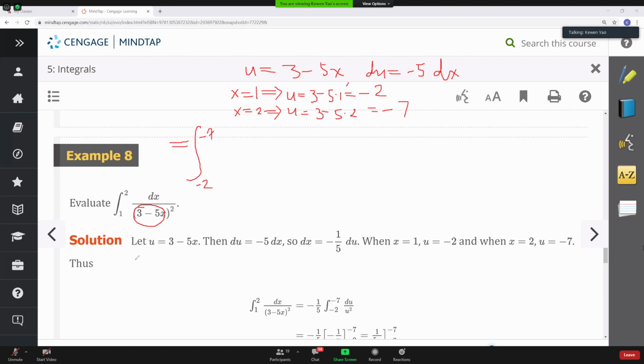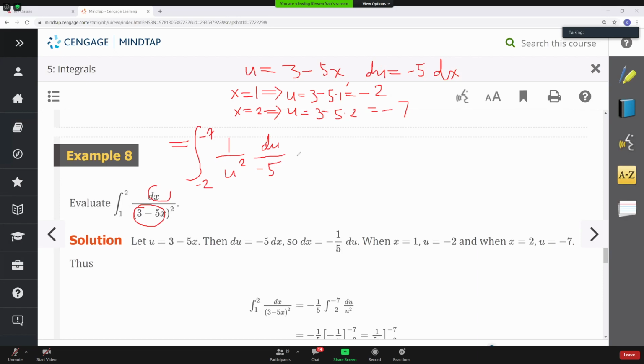Now this is 1 over u squared dx. dx is du divided by -5, so it's negative du over 5.